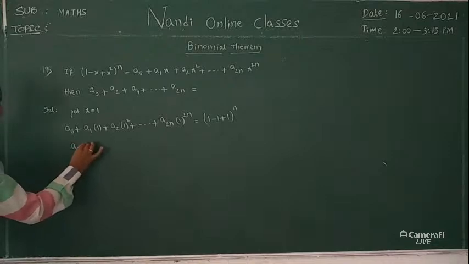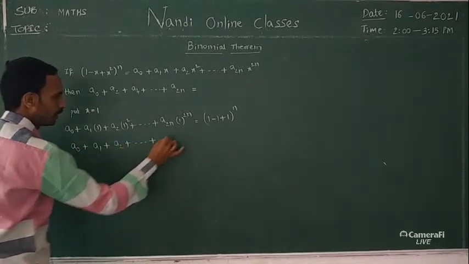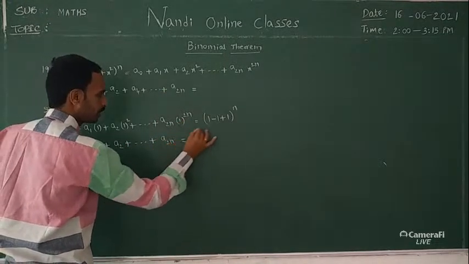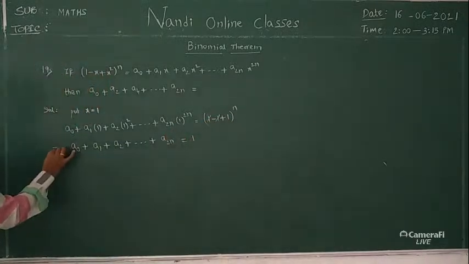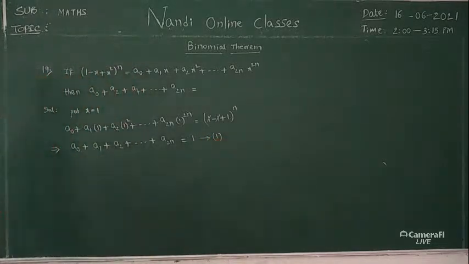Okay, a naught plus a1 plus a2 and so on. 1 power anything is 1 only. So, plus a2n is equal to 1 minus 1 cancel, 1 power anything is 1. Okay, take this as equation 1. So, if you put x value 1, you are getting like that.